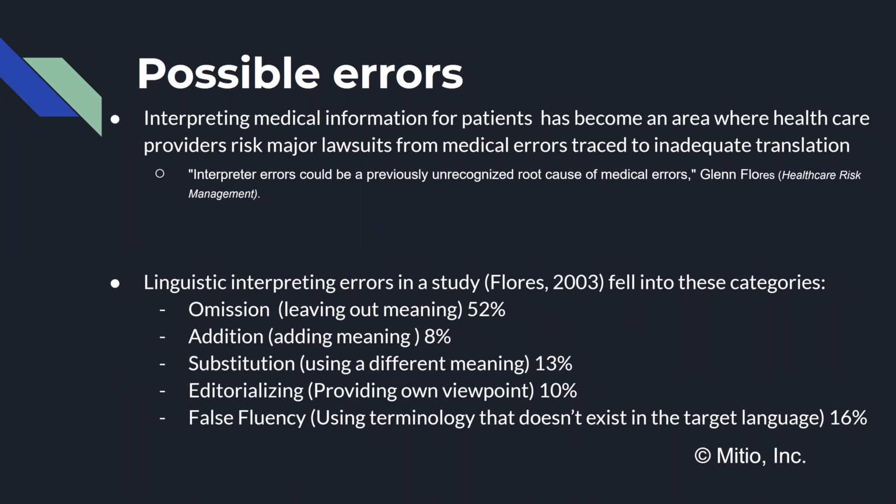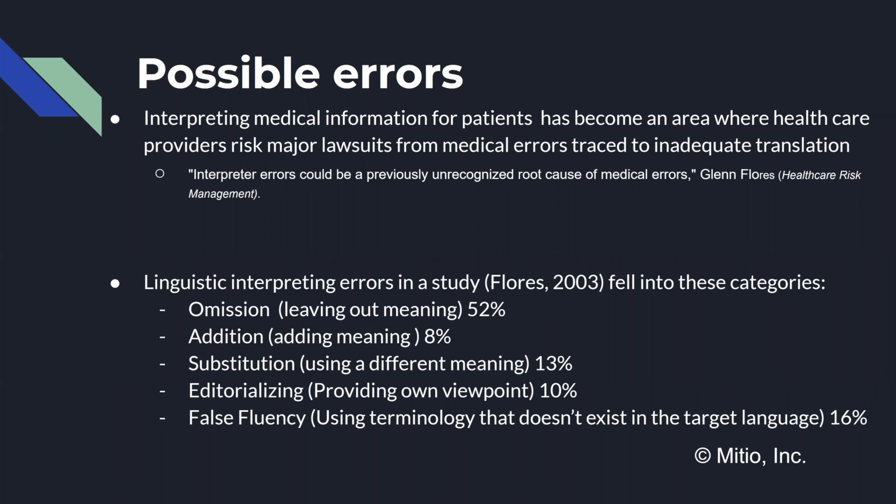8% of the errors had to do with addition, or adding meaning. That happens when we're not listening actively, and perhaps we hear something that wasn't stated. And that can happen when we inadvertently add our own understanding to it.